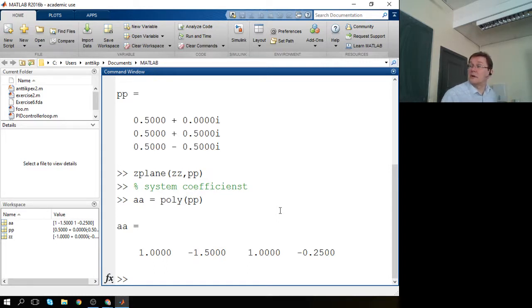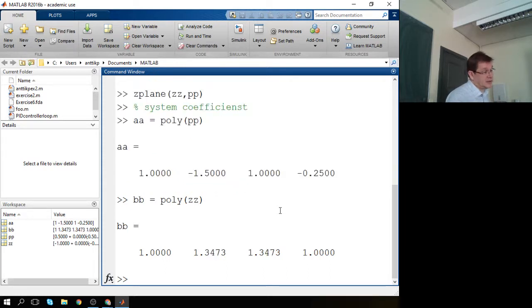I could actually use fixed-point precision numbers even on the feedback term. How about B equals the polynomial from the zero points? That's not too nice, but those are the ones I got. So those are the system coefficients.